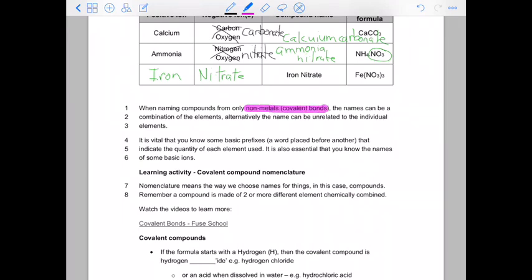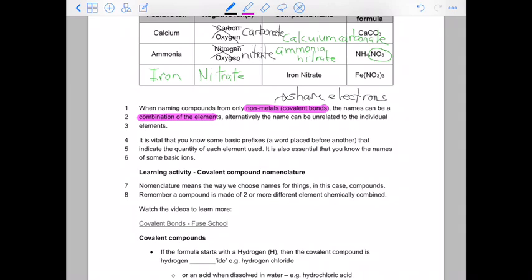It has a covalent bond, because we know that nonmetals form covalent bonds because they have to share the electrons. So sometimes it can be a combination of the elements, as we saw in ionic bonds, and sometimes it's completely unrelated to the individual elements.